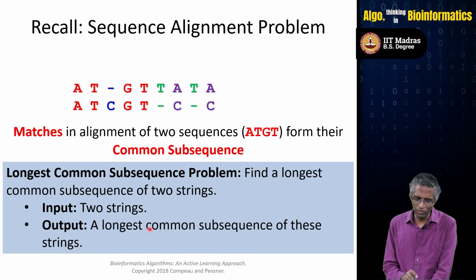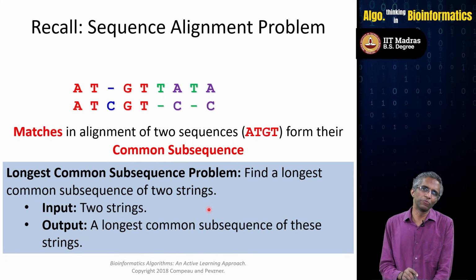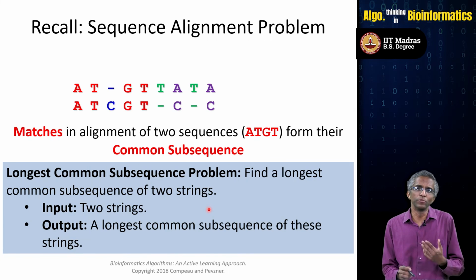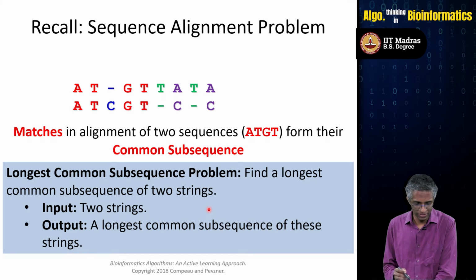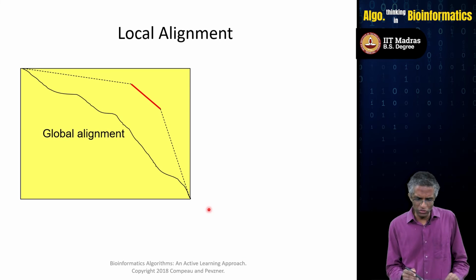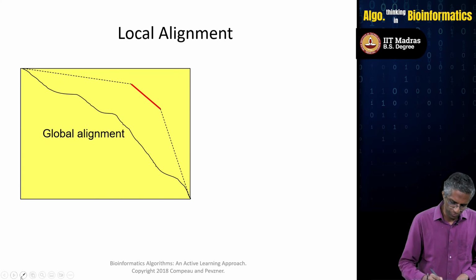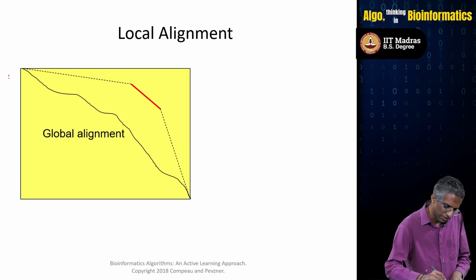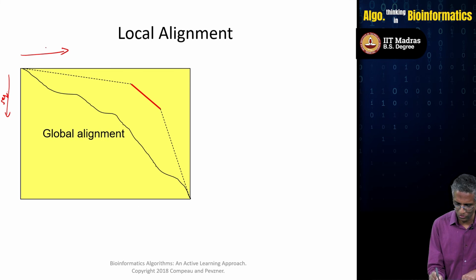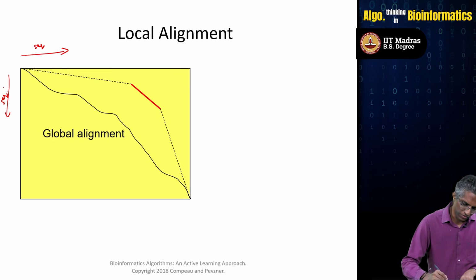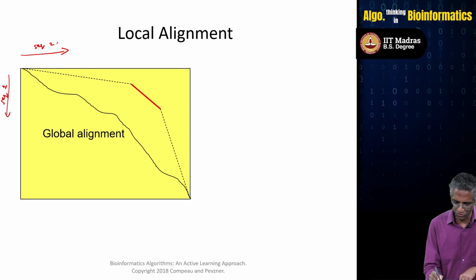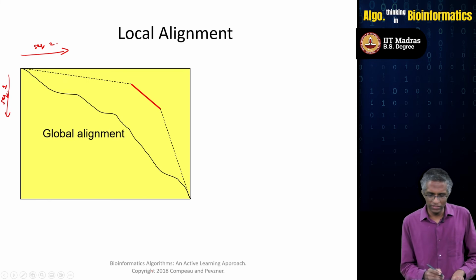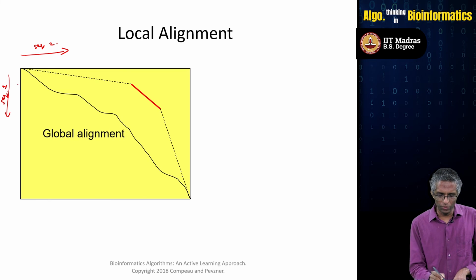And we saw this longest common subsequence problem as one way of formulating the problem of comparing or aligning two sequences. And we saw how if you put one sequence this way, and the other sequence this way, so this may be sequence 1, this may be sequence 2, then the general alignment problem is a global alignment problem where you want to align the full sequence 1.